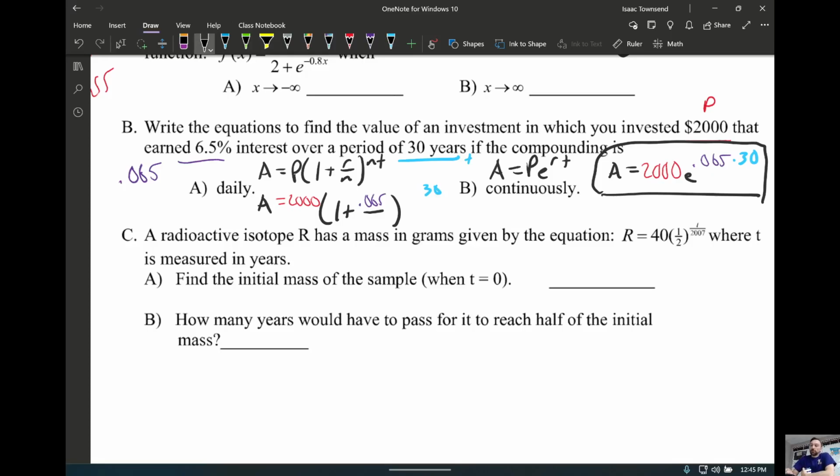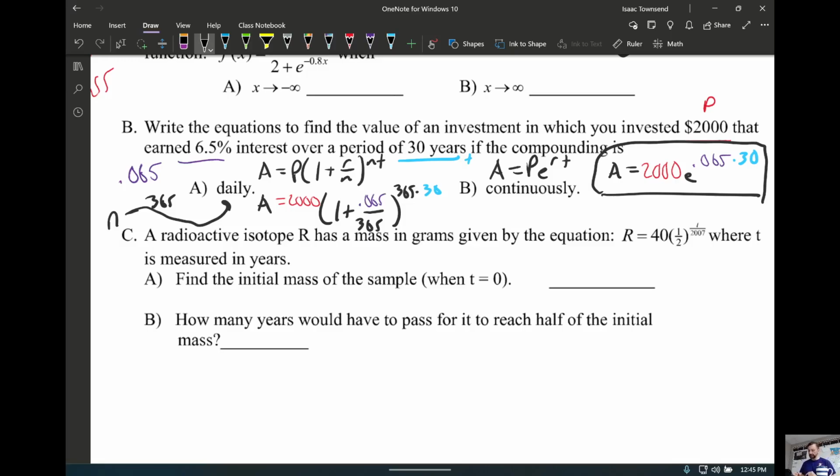If it's the other formula, you still need to plug in for N. So N is going to be the number of times it's compounded in a year. So if it's compounded daily, N would be 365. Again, both of these formulas work whether you're talking about investments or loans, depending on which way you're going.